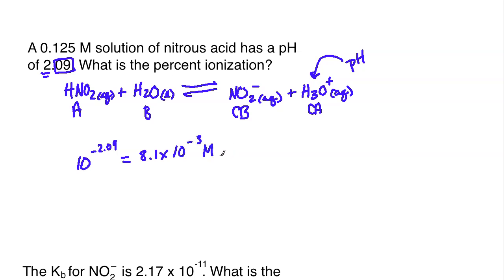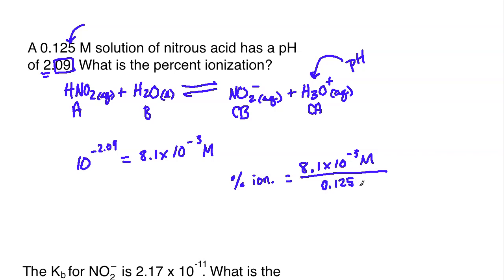Now that is the concentration of the H3O plus, but that is not the percent ionization. So now we need to set percent ionization, which we'll abbreviate as percent ion, equal to the concentration of the H3O plus, which we just determined was 8.1 times 10 to the negative third, over the initial concentration of the acid, which is 0.125 molarity.